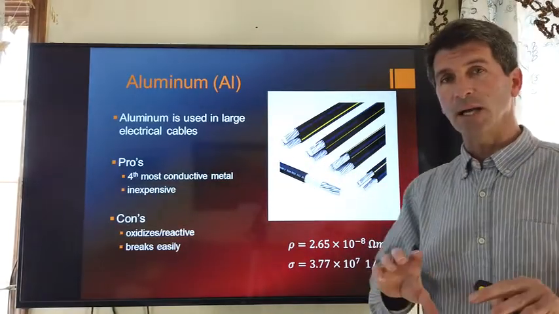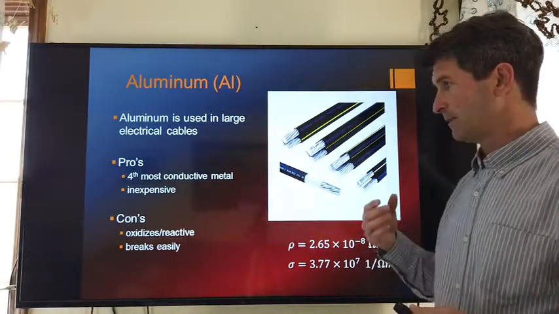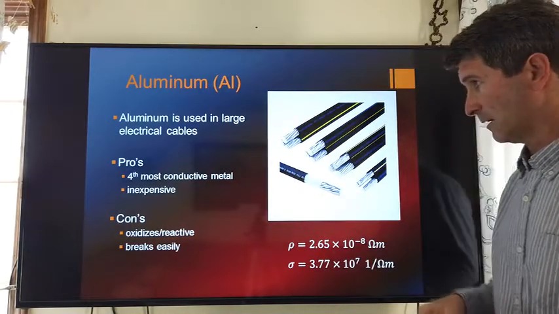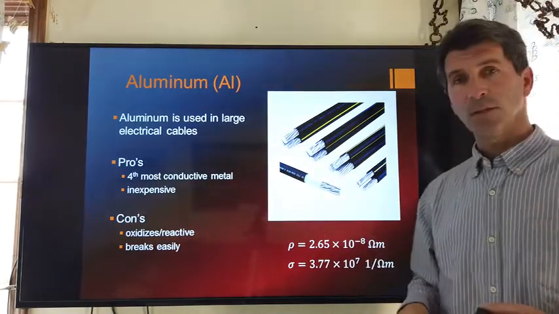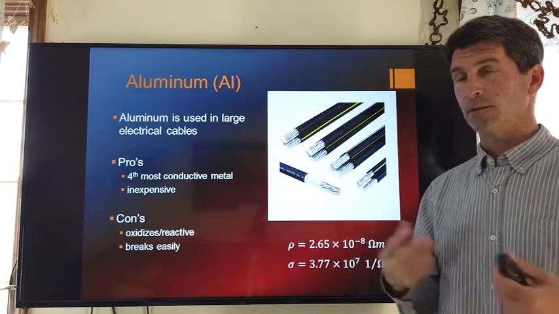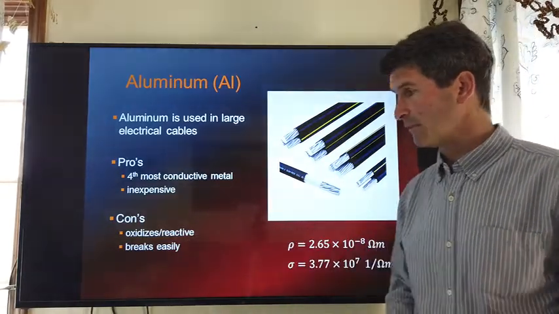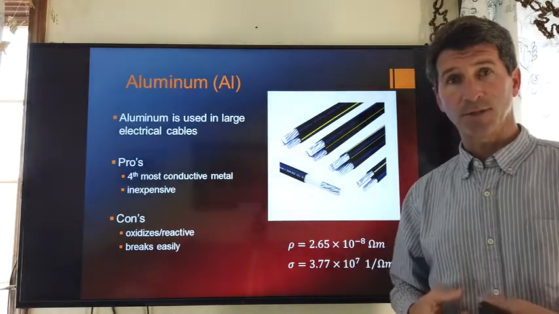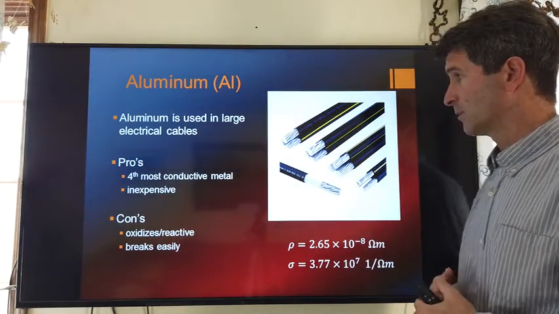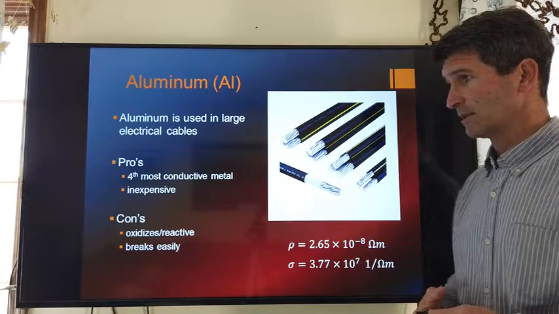When you've got big lugs on single aught and double aught wire, which is the gauge of this, you can get around some of these oxide problems. But we also have the problem that it breaks easily. It fractures, being a softer metal, much more easily than something like copper.